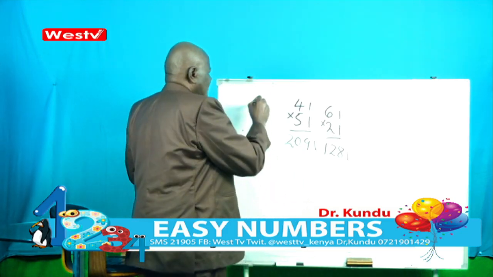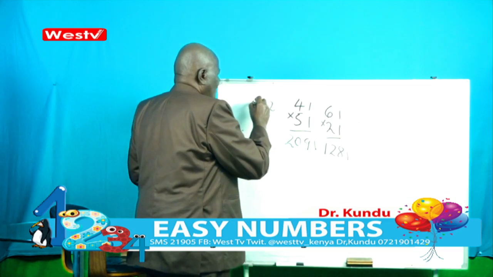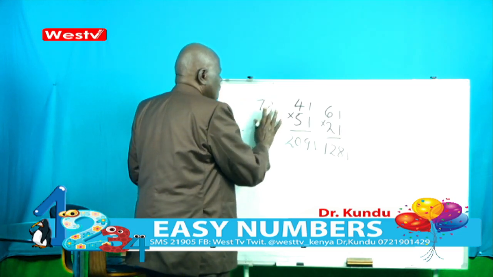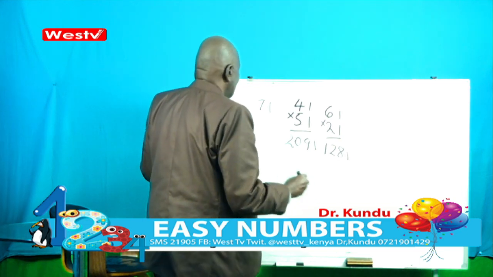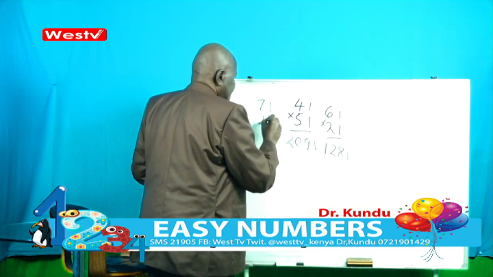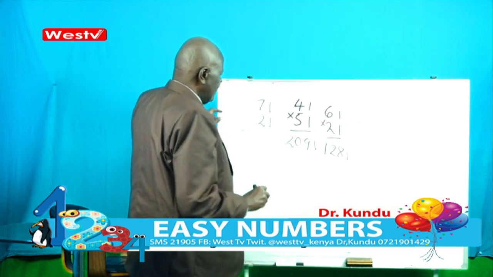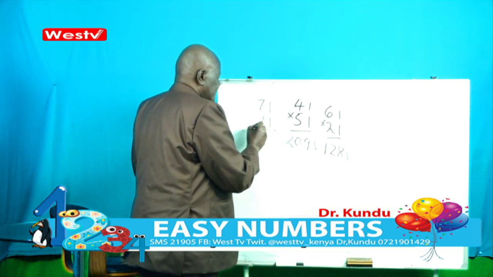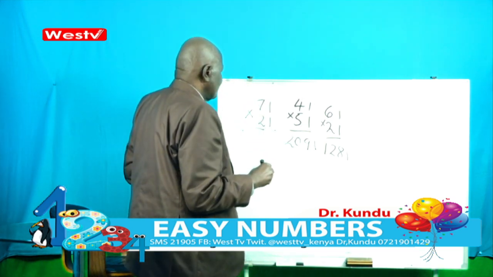Let us get another one. 71. We multiply this by 21. Step 1, multiply the tens digits. 7 times 2 is 14.